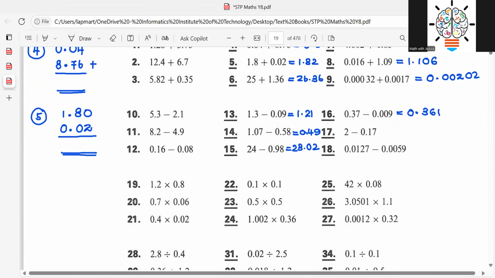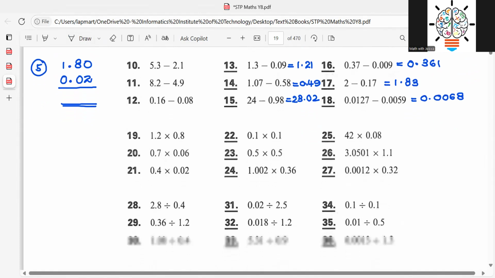Then the next one, 2 subtract 0.17, so then it is 1.83. 0.0127 subtract 0.0059, the answer is 0.0068.